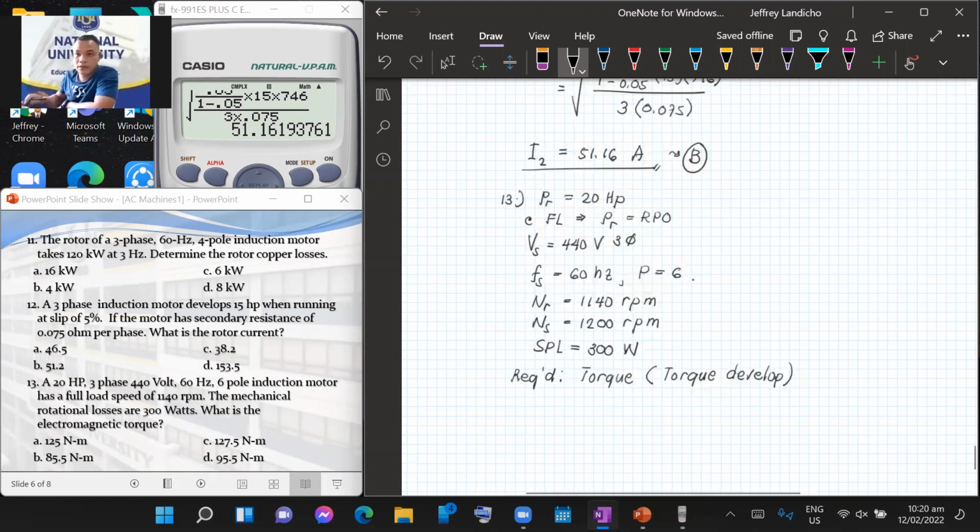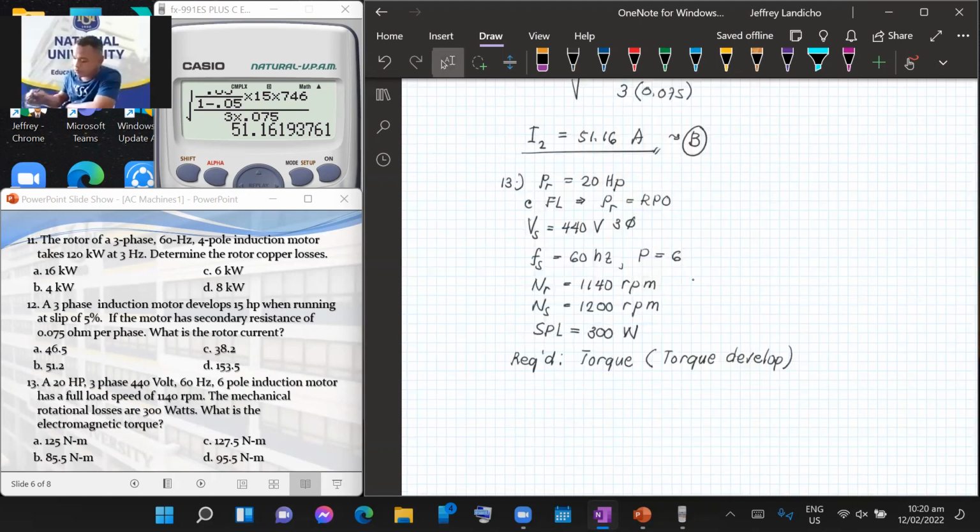So, doon sa ating DC circuits, nakuha na natin yung formula ng torque. The same pa rin lang dyan. Hindi magbabago kasi same principle lang naman yan. No? Ang nagkaiba lang is in terms of the quantity, no? Sa DC at saka AC. But the principle, it will be the same. Kaya kung babalikan natin yung ating torque formula last time sa DC torque, it is equal to 9.55 over the speed multiplied kanino?